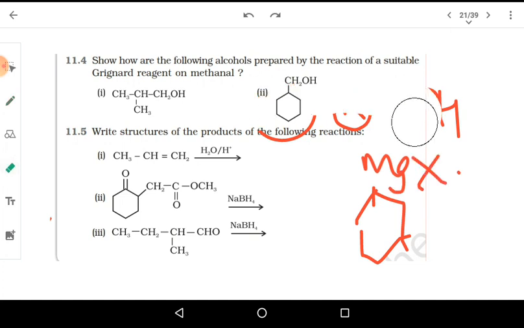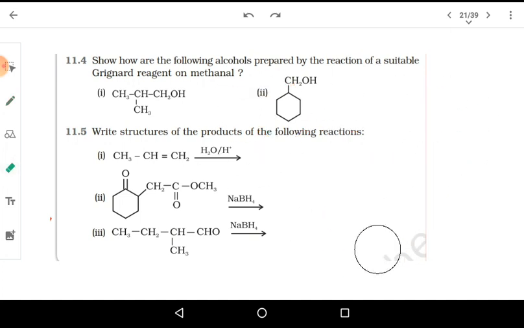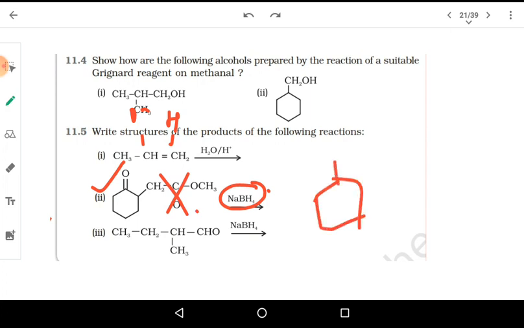Now let us do the next question. Write the structures of the products of the following reactions. Hydration. So this is an unsymmetrical molecule, so the H plus will come onto this side and OH will come over this side. If we have esters, we have to use LiAlH4.